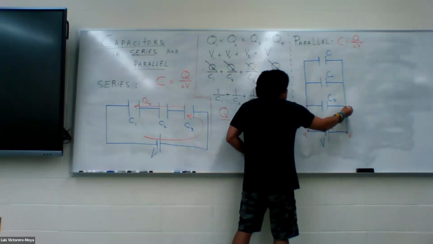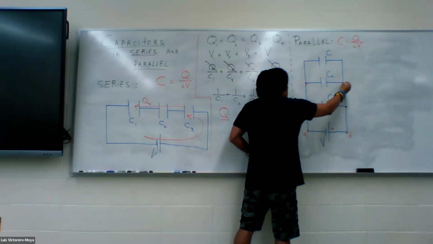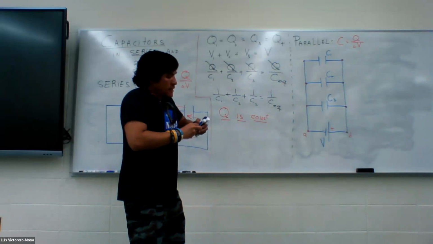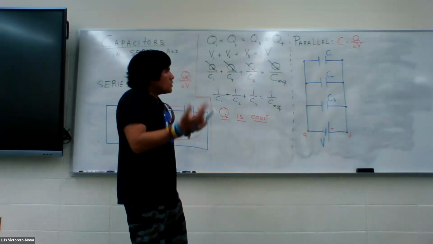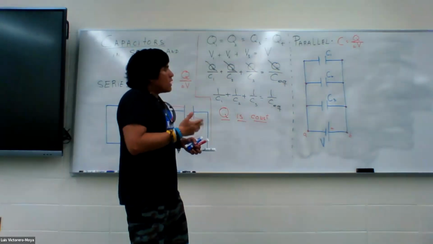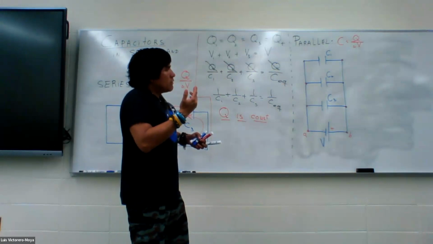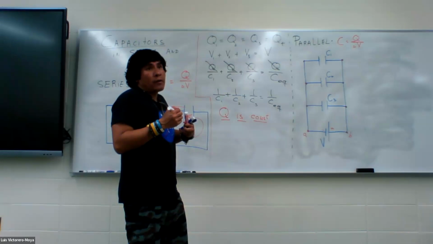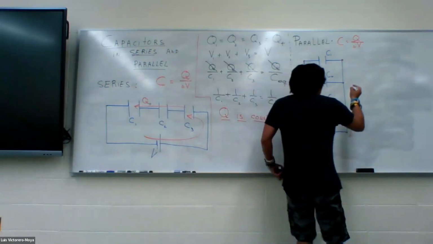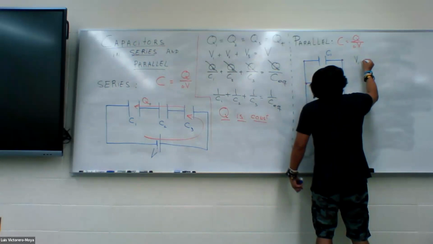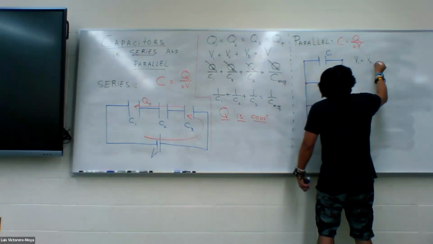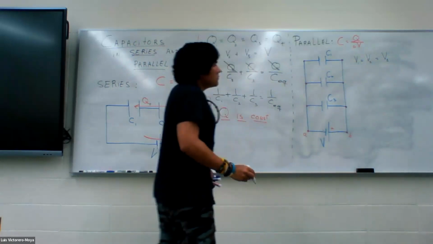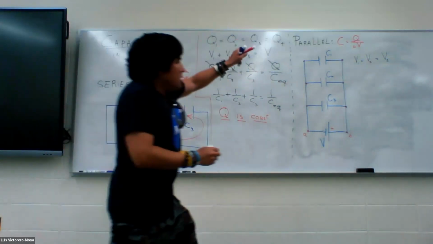So all of these capacitors are at the same potential, meaning that C1, C2, and C3 all have the same potential or voltage as the one provided by the power supply or battery. So V1 equals V2 equals V3. You see that? And it's equal to V.